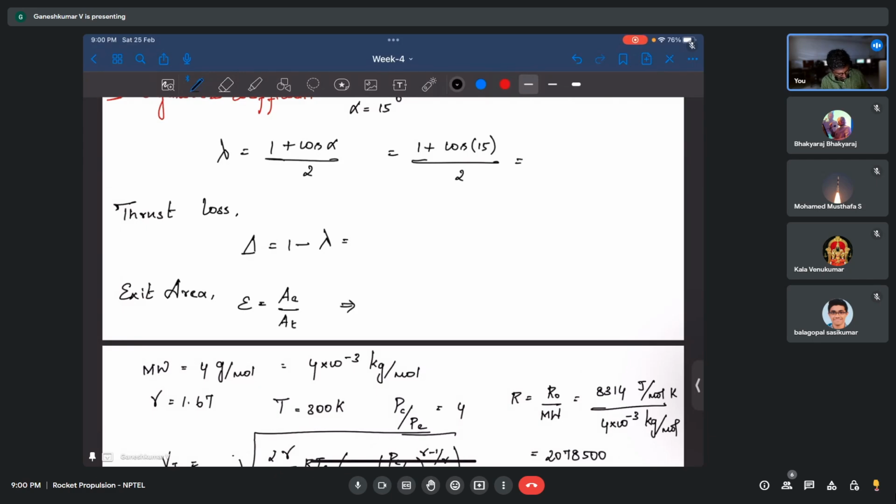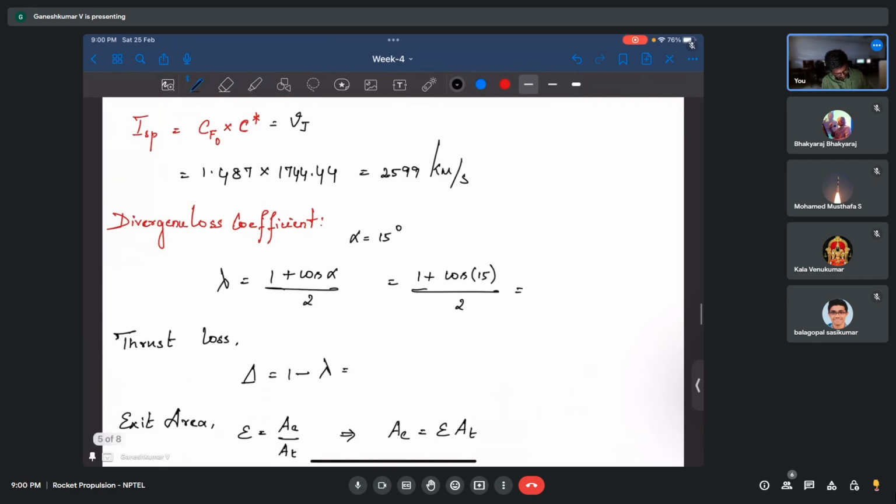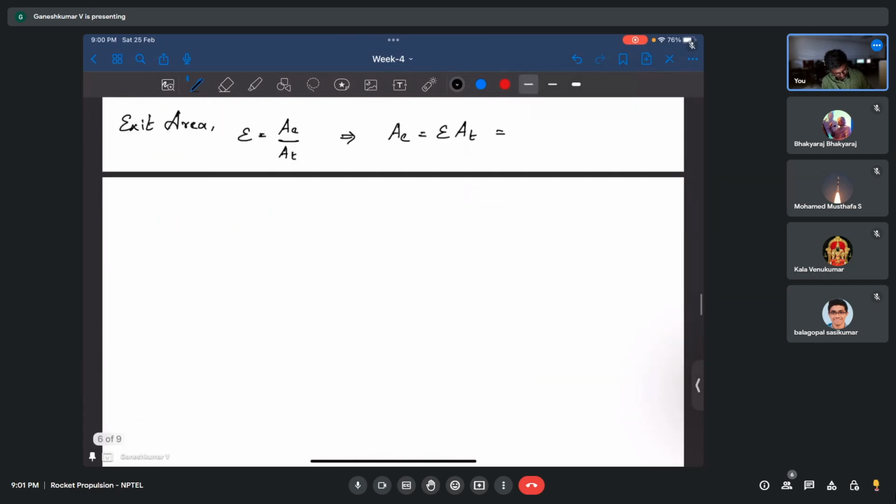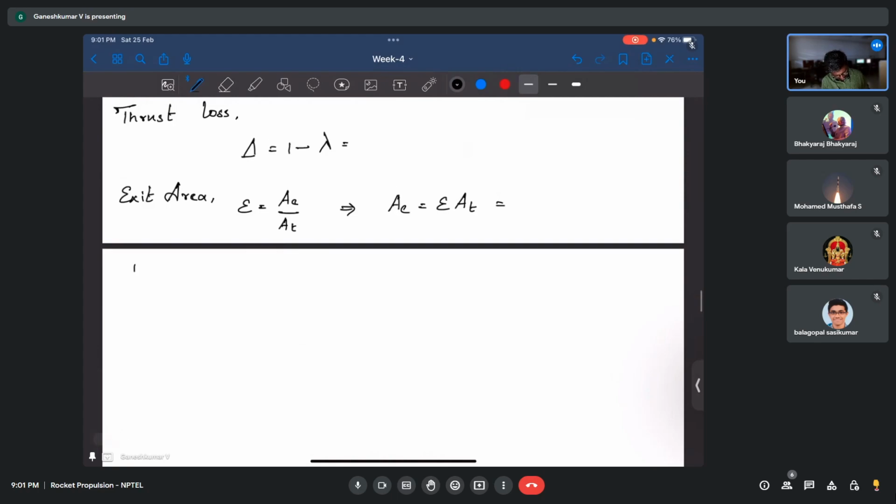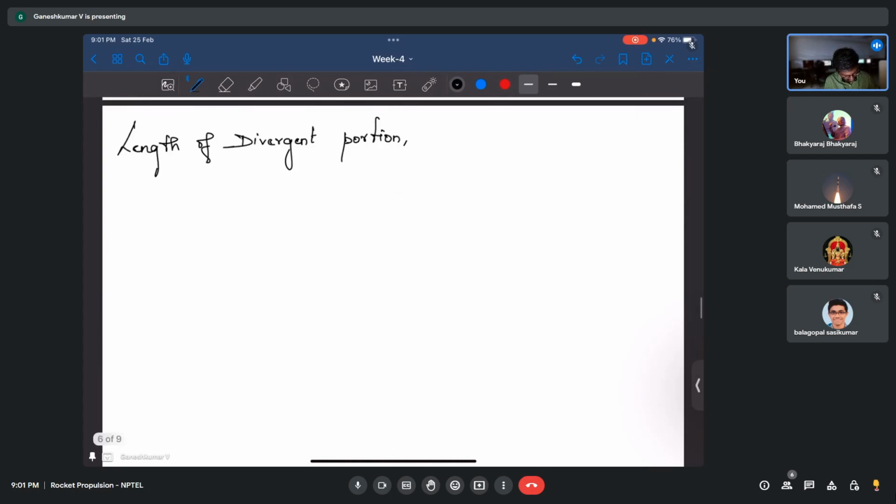Now you can find the length of the divergent portion. This is also, I think you should know, it's nothing but alpha here.